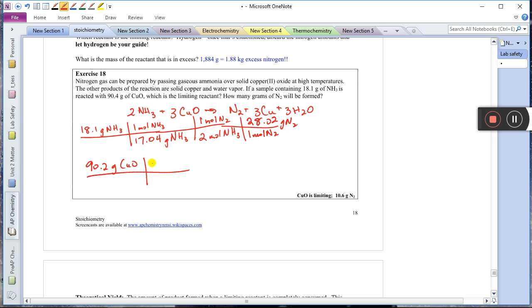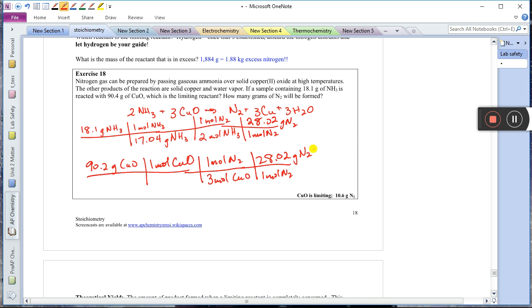Use your molar mass of copper 2 oxide. Somebody can get me the molar mass in a second. Balanced equation, how many copper oxides do we have? 3. We're still going to nitrogen. And 1 mole N2 is still 28.02 grams N2.